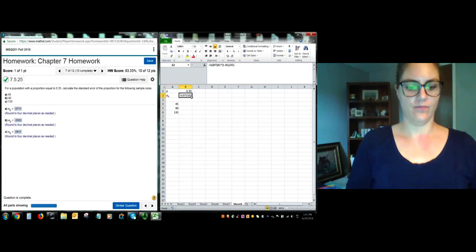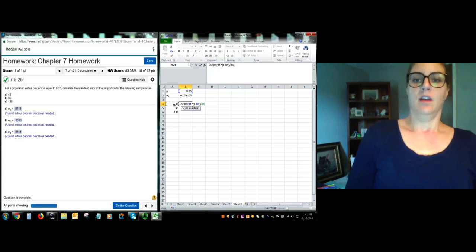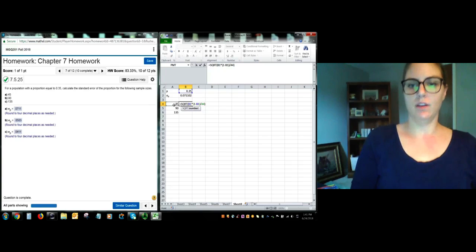I'm going to copy this. And here in my denominator, I'm going to reference this. Recall that B1 though should be an absolute reference, right?